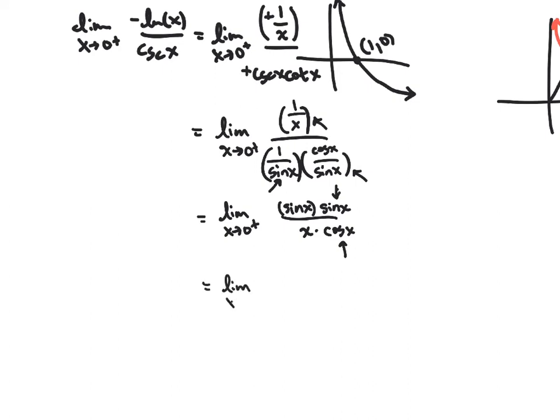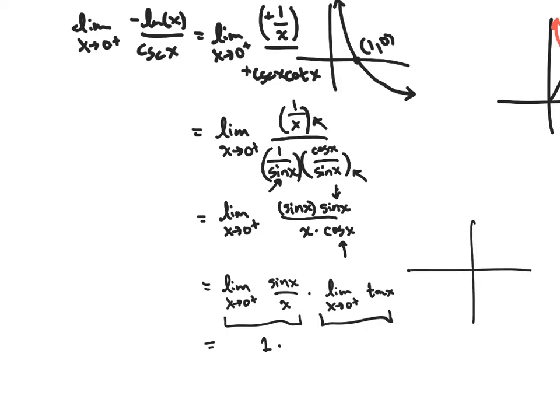So the limit as x approaches 0 from the right of sine x over x times, I can use the property of limits here, the limit as x approaches 0 from the right of tangent x. Well, I know that this first limit evaluates to 1. What would this evaluate to?